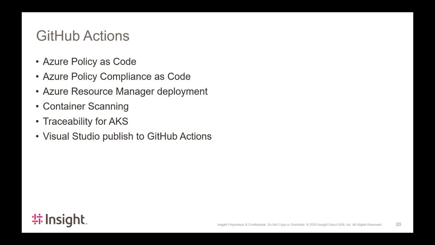Traditionally, when you click Publish in Visual Studio, it publishes directly to Azure. Now it will automatically create a GitHub Action instead of directly pushing your code into Azure App Service, which makes your whole environment DevOps ready, with CI/CD. So you go through that pipeline instead of crashing your production environment.